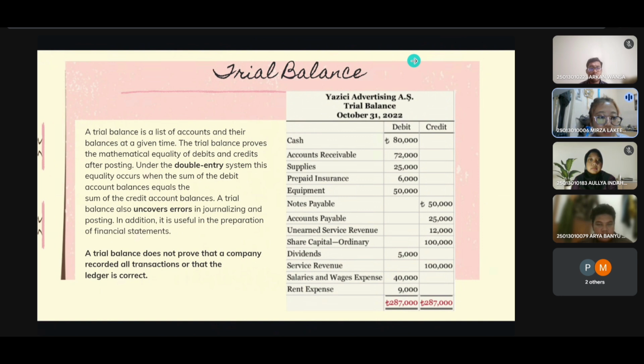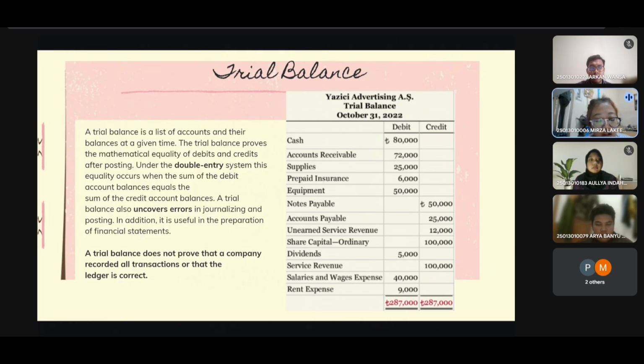And then trial balance. A trial balance is a list of accounts and their balances at a given time. The trial balance proves the mathematical equality of debits and credits after posting. Under the double entry system, this equality occurs when the sum of the debit and credit account balances are equal.